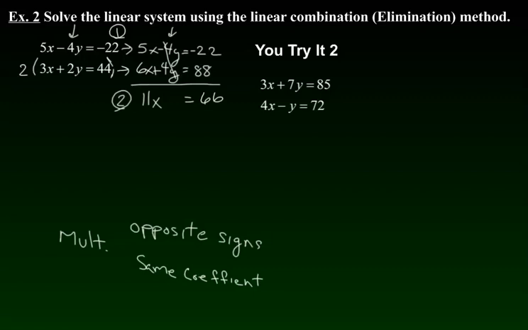And the second step was to add the two together. Now we need to finish the second step by solving for x. So I'm going to divide both sides by 11. Since 11 is being multiplied to the x, we get x equals 6.